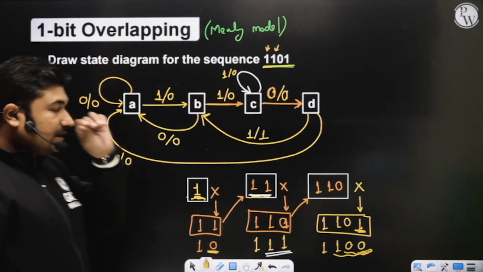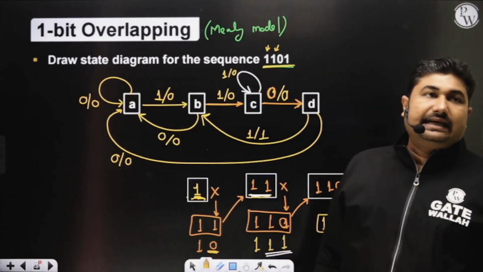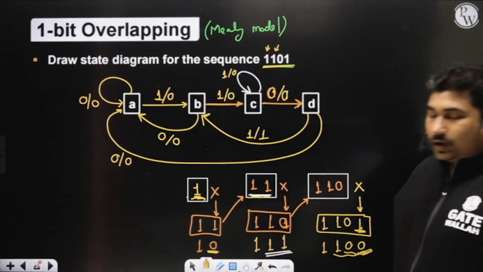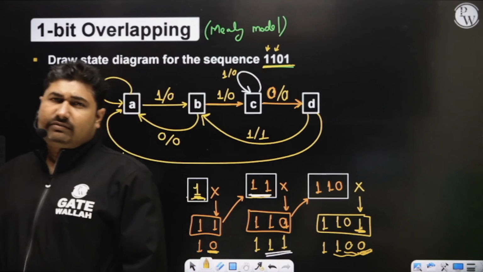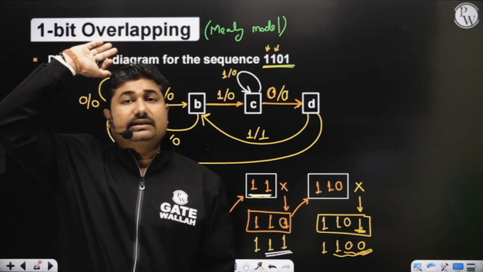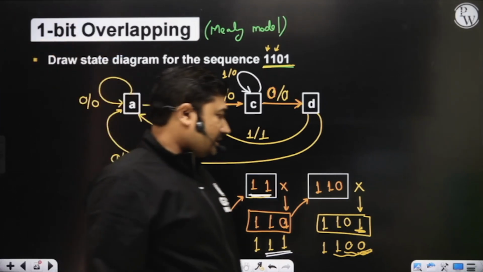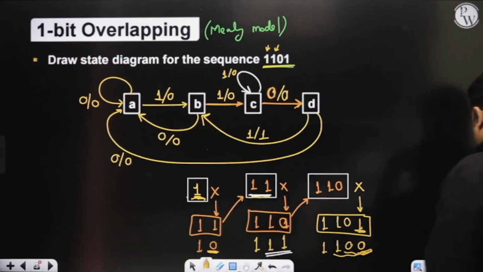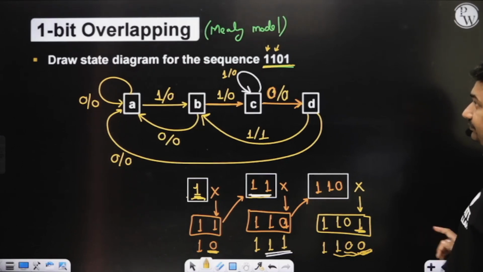Is it okay? So this is how you can construct a state diagram. All the difficulty is only up to the state diagram. Once the state diagram is designed, it will be very easy to construct a sequence detector. Is it okay? Great, sir.